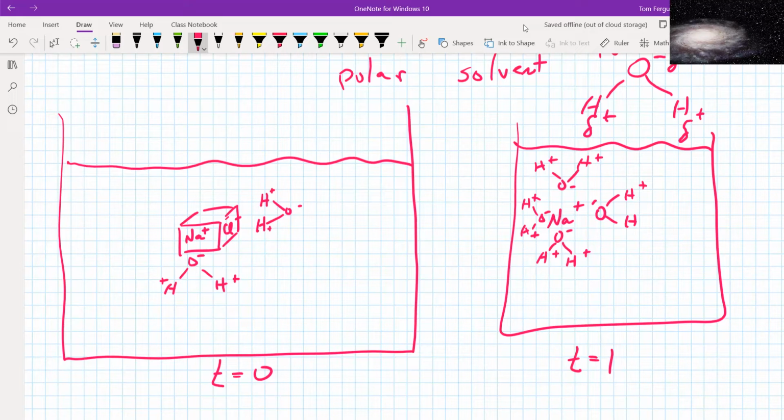Hold it out of the crystal. Chloride is also pulled out and surrounded by water. Only the hydrogen is trapped in chloride rather than the oxygen.